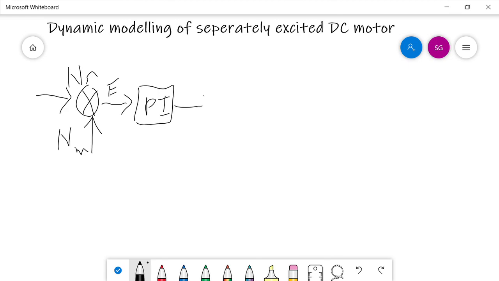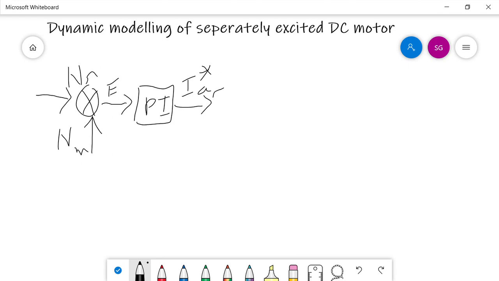This generated the armature current reference signal. So this armature current reference signal depends upon the speed error.